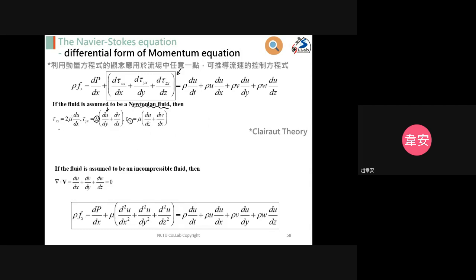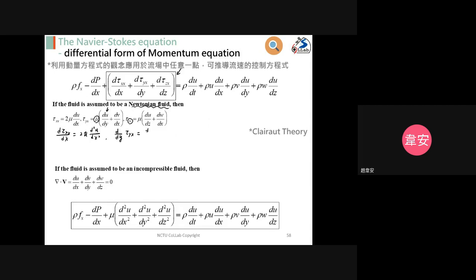Okay, so we can follow these ideas, and so we know that for the first item here, ∂τxx/∂x is equal to 2μ ∂²u/∂x². And the second item here is ∂/∂y, but there is a τyx, right?